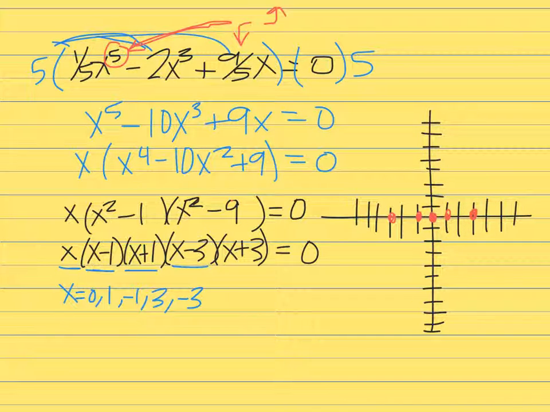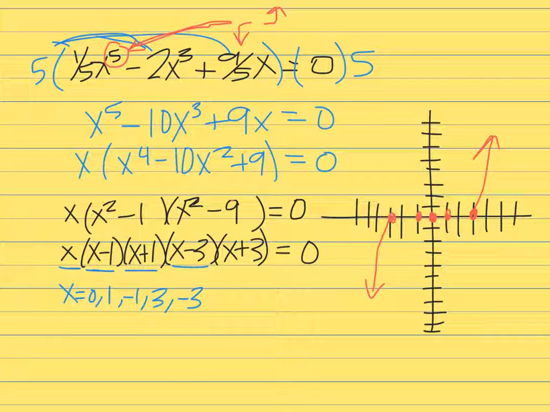That is a lot of zeros. And honestly, you could plug in some numbers if you wanted to see how high up and how low it goes. But I think I probably would just do the end behaviors and then the going straight through or not going straight through.